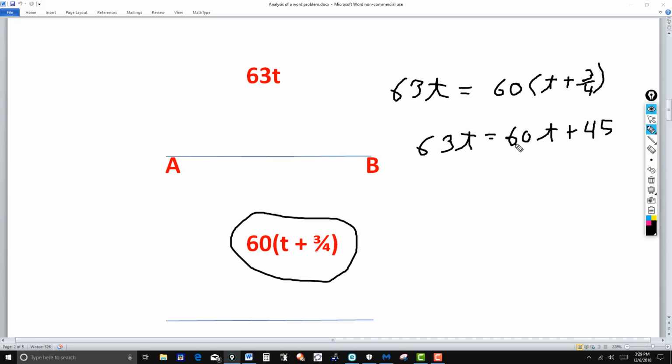This will give me 3t equals 45. Divide by 3, and we get the time required for Bill to catch up is 45 over 3, which is 15 hours.